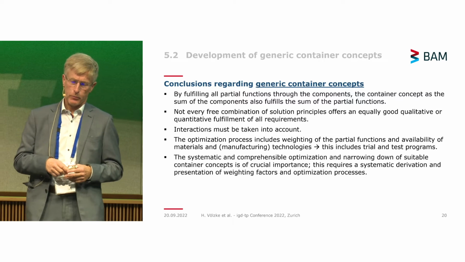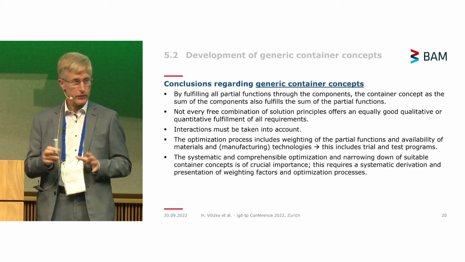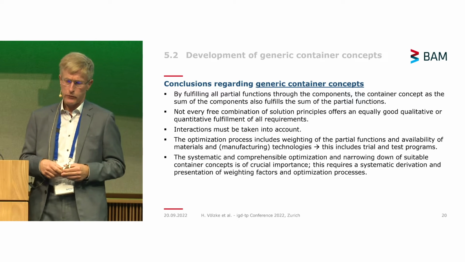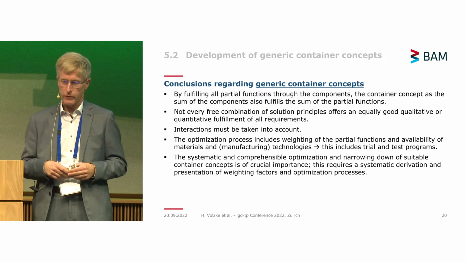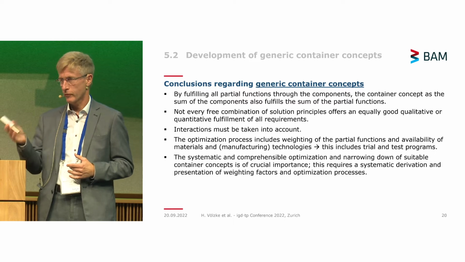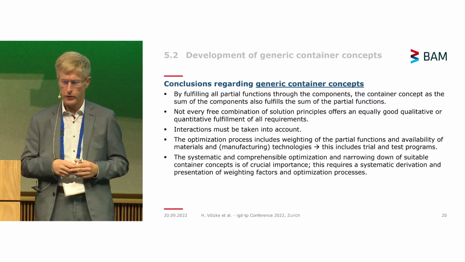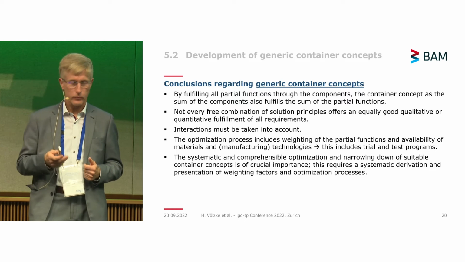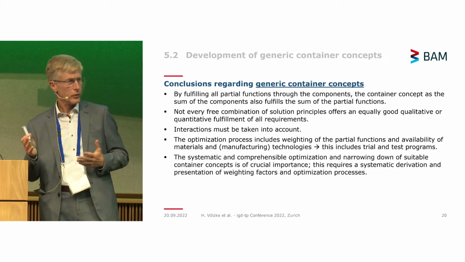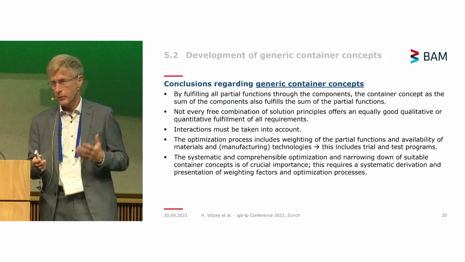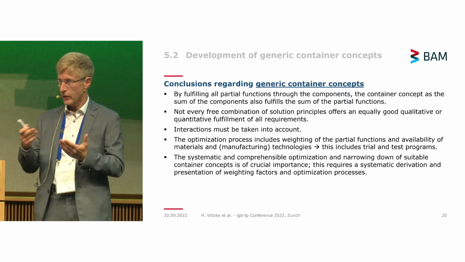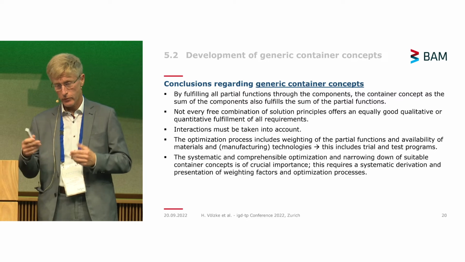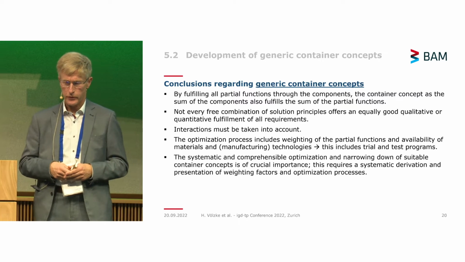And what is important, the optimization process, and that's what we are discussing a lot here, includes weighing of partial functions and availability of materials, manufacturing costs, and so on, which also leads to the need to include trial and test programs. So what is really available, what makes sense, and this can be weighed and valued and included or needs to be included in this optimization process.